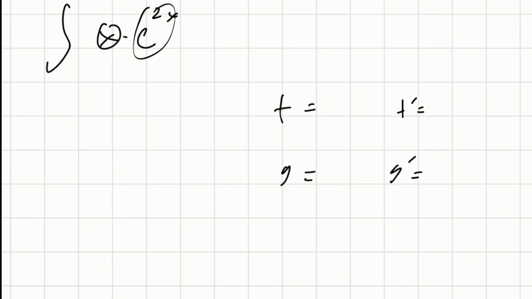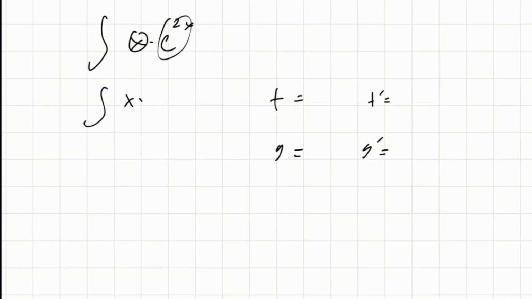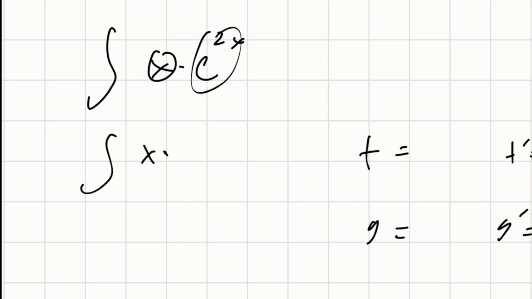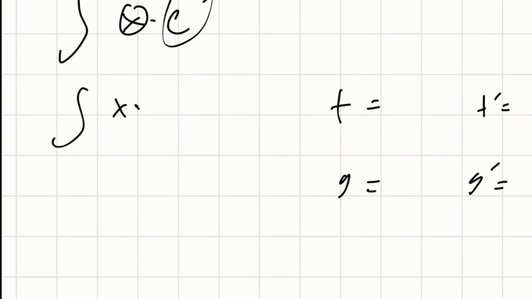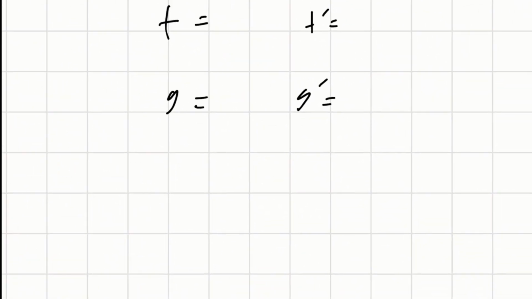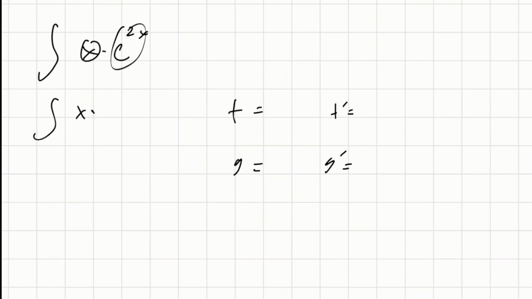So we say this is nothing else than x times, and then we have to find the derivation of e to the power of 2x. This is the idea behind this. So f in this case is nothing else than x, as we already declared.